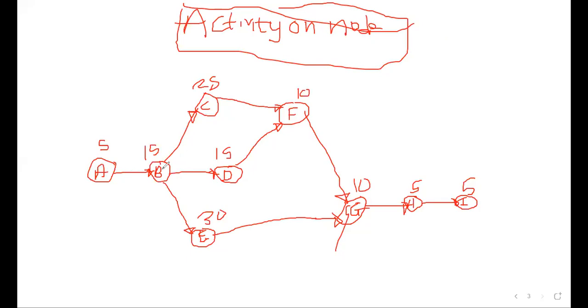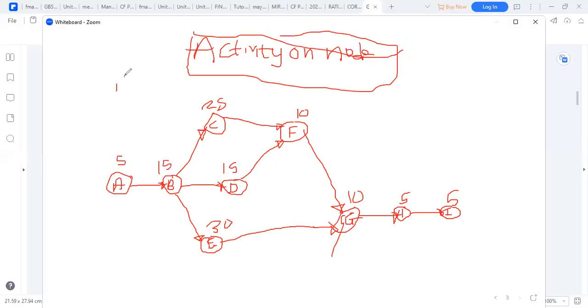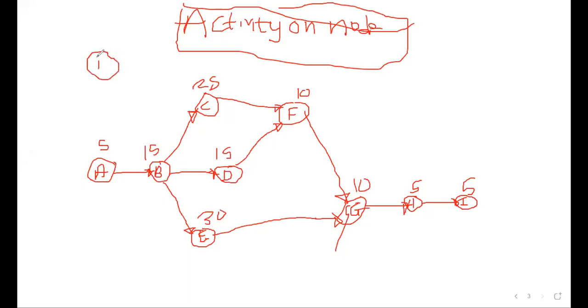So the activity here at the node and the duration, this is the information we can build up. So we have answered the first part of this question. All right, so this is Roman numeral 1, we have sorted out. Then we can get down to the other one, which is Roman numeral 2.